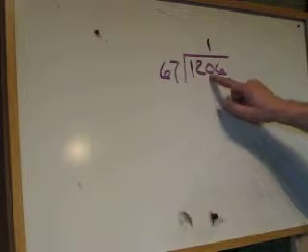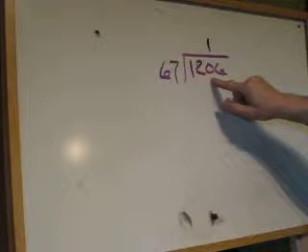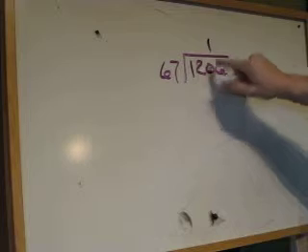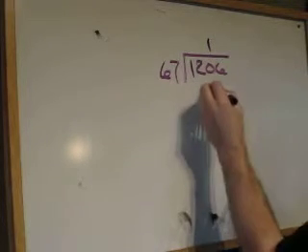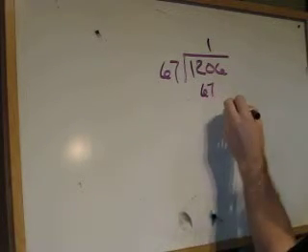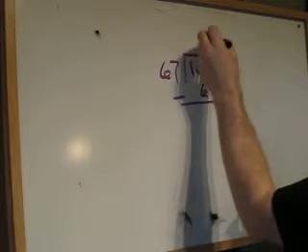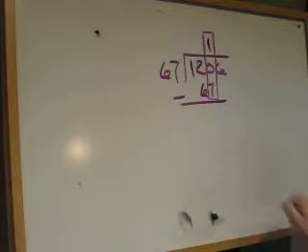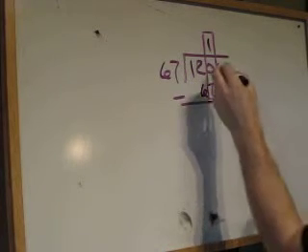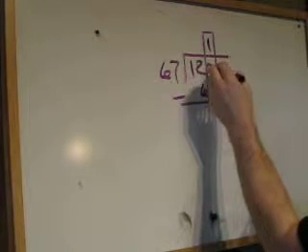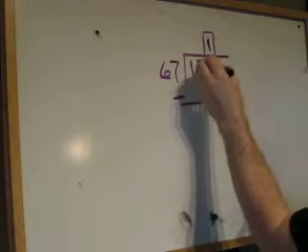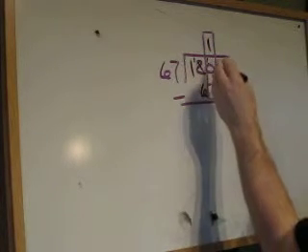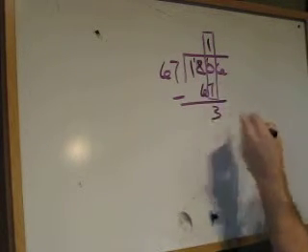So again, we put our 1 above the last number, 120, and then we multiply 1 times 67, which is itself. Remember, keep everything in line here. Gotta keep it in line or you will not get the right answer. Let's go ahead and subtract here. I'm going to change this to a 10. We're going to borrow 1 from this over here. So we've got 10 minus 7 is 3.